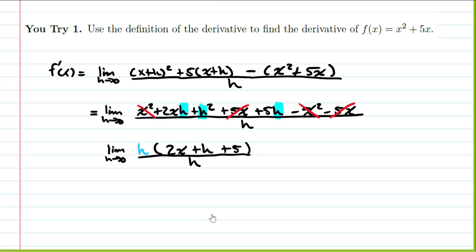And then our h's reduce out. So finally we can evaluate our limit, and as h goes to 0, that h goes to 0, and we are left with 2x plus 5. So the derivative of x squared plus 5x is 2x plus 5.